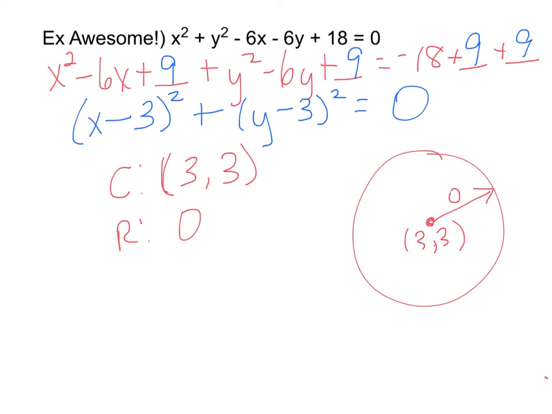So what does that actually mean? If that's a 0 distance, I have my point here of 3, 3, and I go out 0, where am I still at? I'm at that point. So you don't have a circle here, but it's not as though it's non-existent like the last one was non-existent. We have just a point.